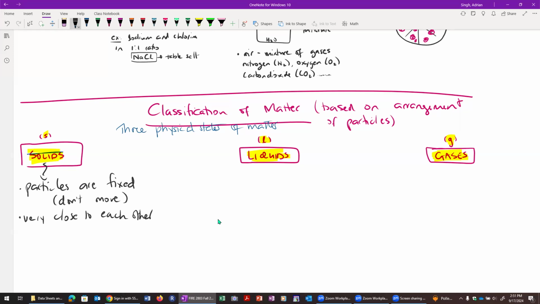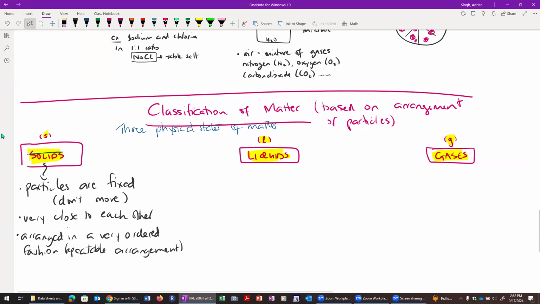And typically what we also see is that the particles are arranged in a very ordered fashion, meaning it's like a repeatable arrangement, I think, for example.